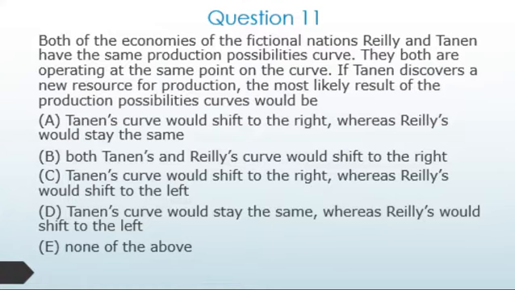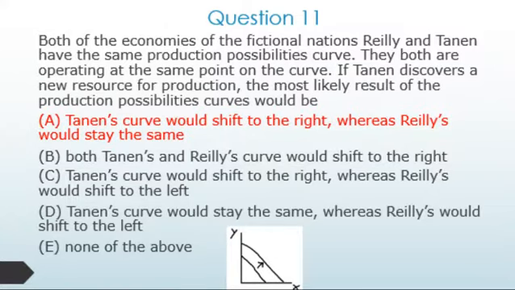So in question 11, both of the economies of fictitious nations R and T have the same production possibilities curve. They both are operating at the same point on the curve. If T discovers a new resource for production, the most likely result for the production possibilities curves would be. So this is a tricky one, but since country T is the one discovering a new resource, it would be country T's production possibilities which is getting more efficient.